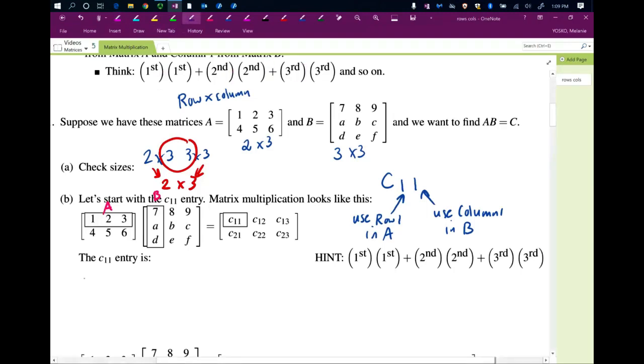So C11 is 1 times 7. You see that's the first times the first.